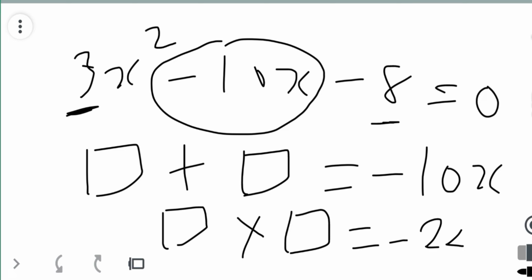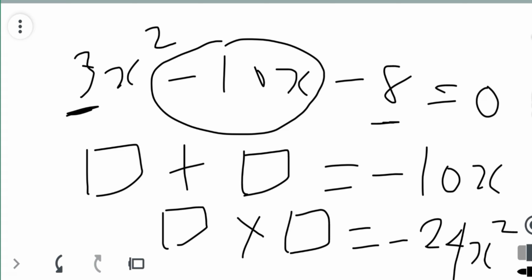So those two numbers, when you add them together, you get minus 10x, and when you multiply them together, you'll be getting minus 24x squared. So that's the first thing you must know, so that you'll be able to solve a quadratic equation using factorization method. You consider these things, that same numbers, when you multiply them together and when you add them together.